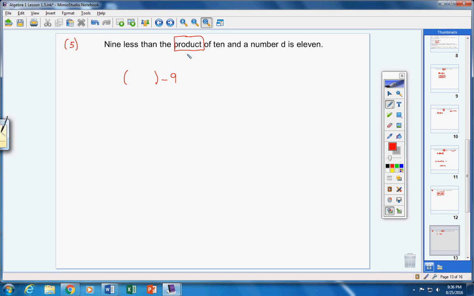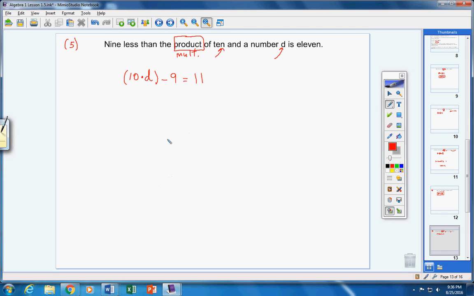Now, what is the product? Product means multiply. I shouldn't use X, should I? So what am I multiplying? The product of 10 and t. 10 times t is, what does is stand for? Equal. Look at that, booyah.